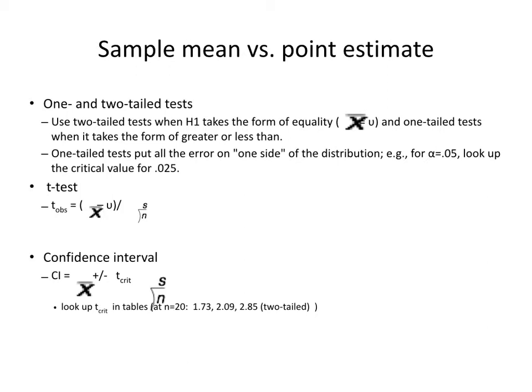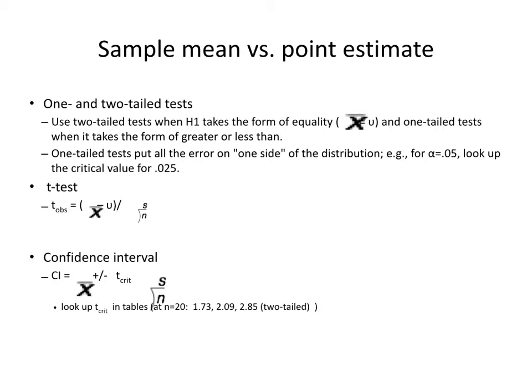Now, the t-test statistic, which is called the t observed, because this is the t that you're observing in your sample, is computed as the difference between x bar and mu. Mu now is your point estimate. So your hypothesis is of the form, I think that the population mean is whatever. And that's what mu is. I think the population mean is 0, or I think the population mean is 5.2.